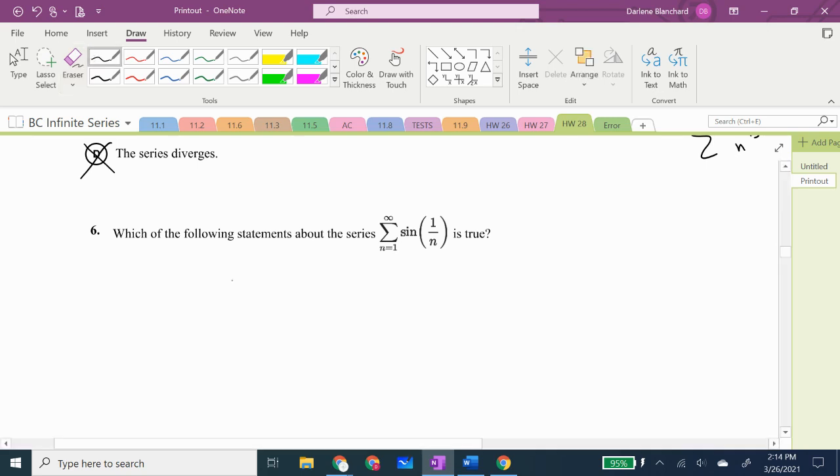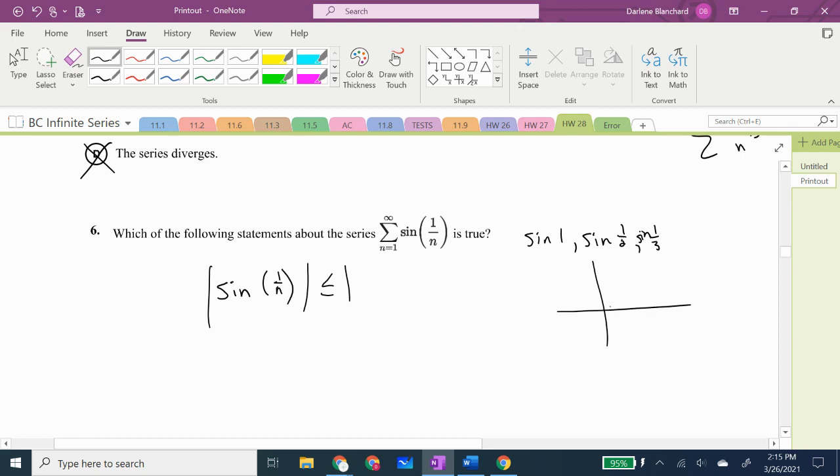Well, let's keep in mind that no matter what I put into a sine function, its absolute value is always less than or equal to 1. But to do a comparison test, I have to have a series with positive terms only. If I look at the numbers that I'm dealing with, I am looking at the sine of 1, the sine of 1/2, the sine of 1/3.